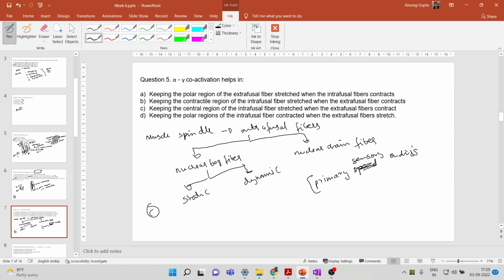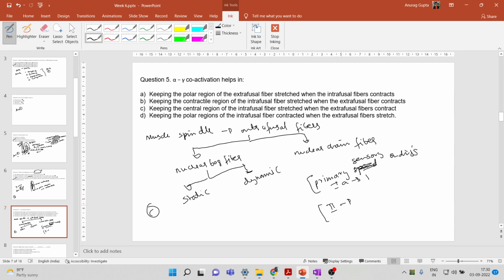The axons of these primary sensory endings are called 1A. So these are the 1A proprioceptors, and then we have another category. The axons of the 1A proprioceptors are larger and their conduction velocity is faster.